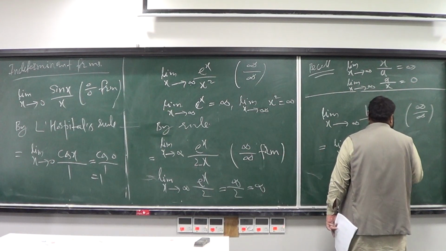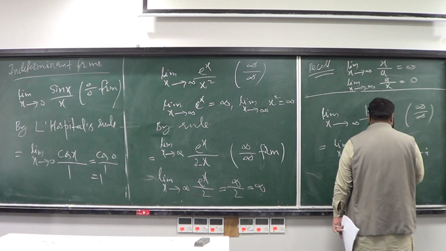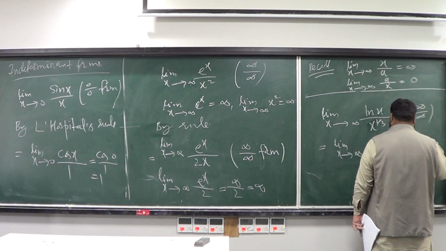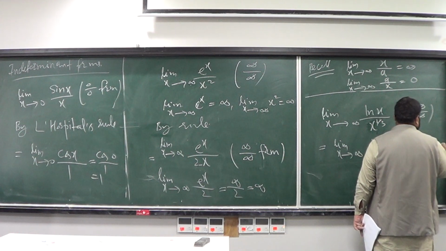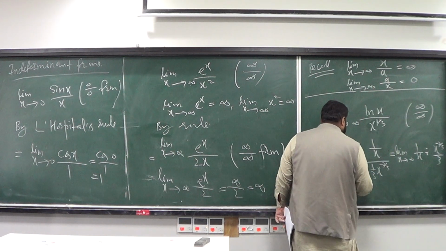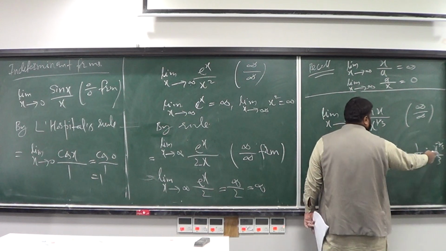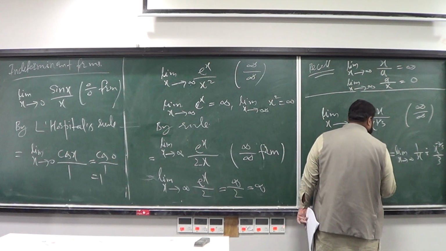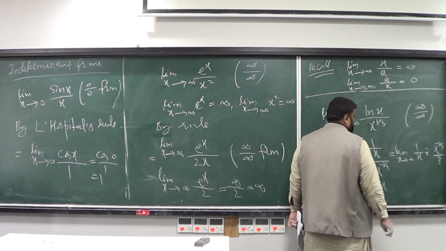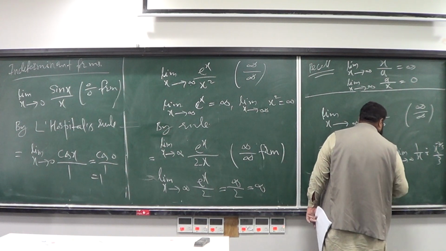The limit as x goes to infinity of 1 over x divided by x power minus 2 upon 3, is going to be x power minus 2 upon 3 over x.